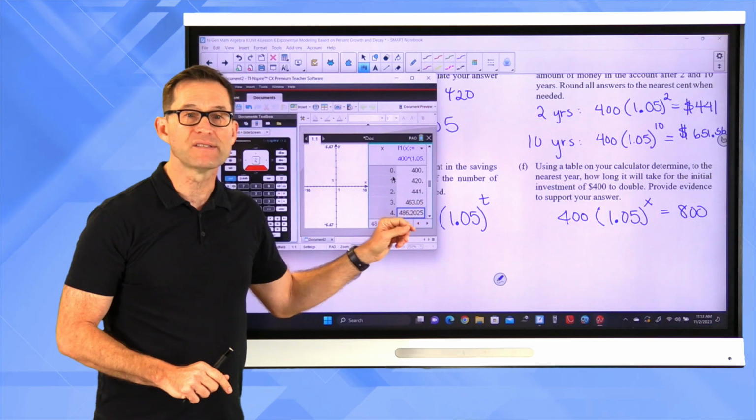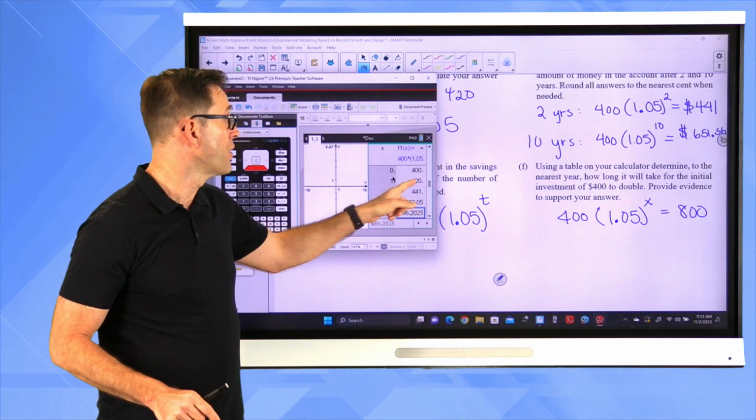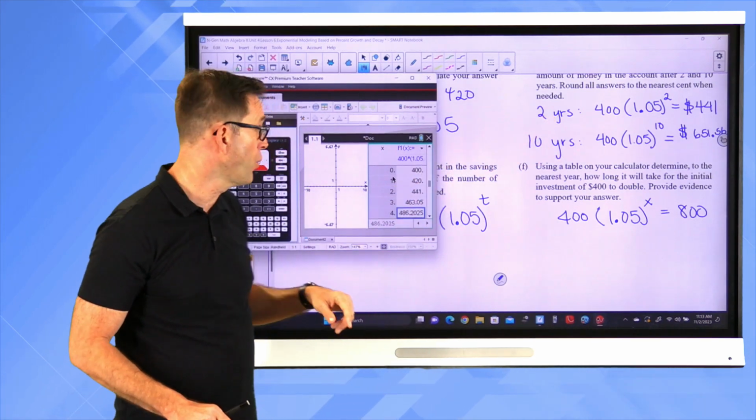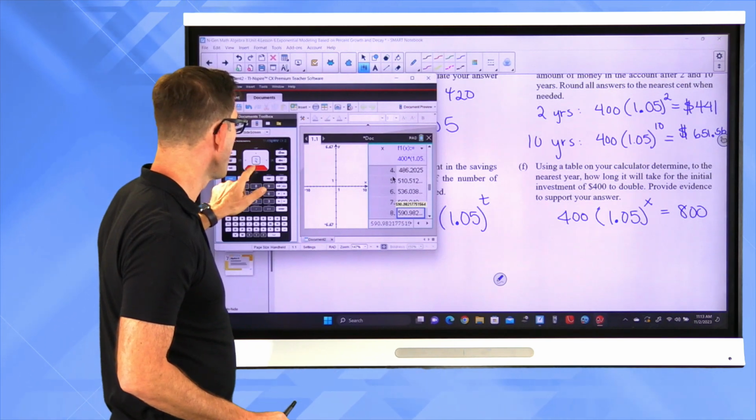We can actually already see that after 0 years, the y-intercept, we have 400. 1 year, 420. 2 years, 441. There's that 2 years at 441, right? And we see it going up. Now remember, we're looking for it to double.